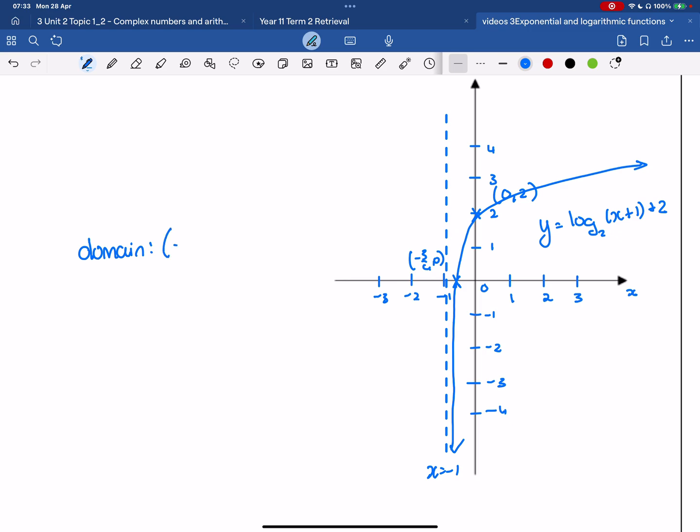So it begins at -1, but will never ever cross it. So I have a round bracket. And my x values will go to positive infinity, and infinity also always gets a round bracket. My range, well, my y values are going to go all the way from -infinity to positive infinity. Okay.